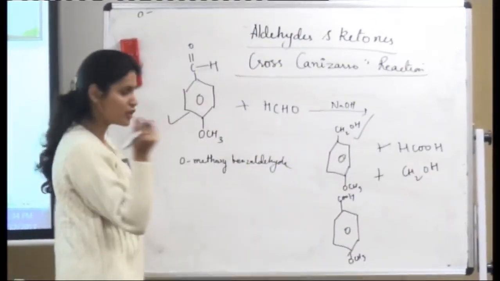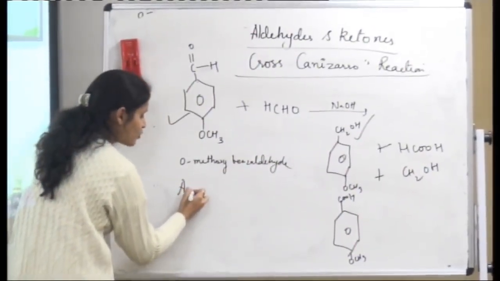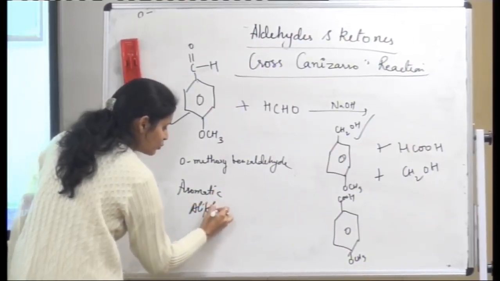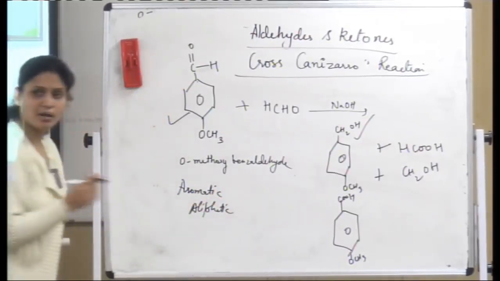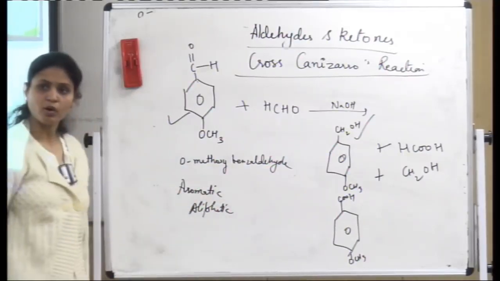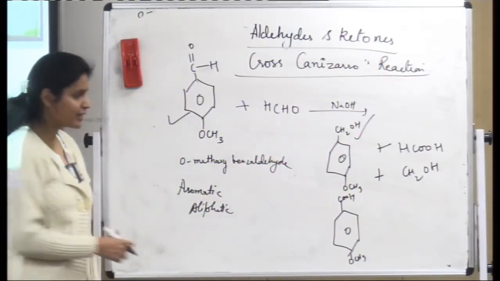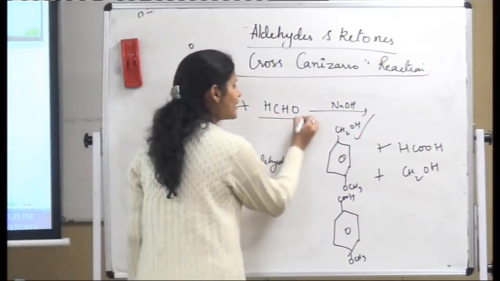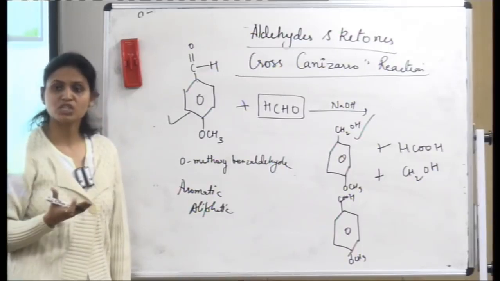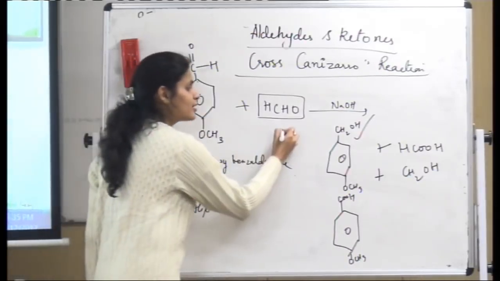Whenever you are given a choice between aromatic and aliphatic aldehyde and ketone, then the carbonyl group will be retained by the aliphatic group, always. That's a thumb rule. That means always an aliphatic compound will retain the oxidation part, that means it will retain the carbonyl part.